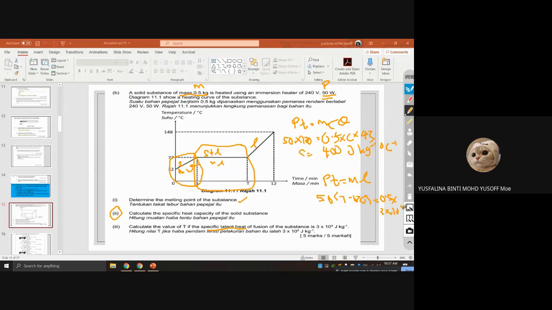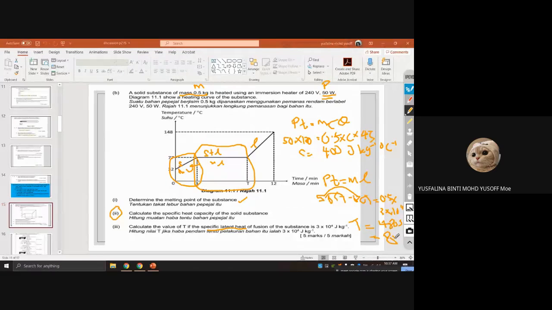Then you expand it, and I got the value of T is 8 minutes. I got it in seconds, but because the axis is in minutes, I divide by 60 and I got 8 minutes.